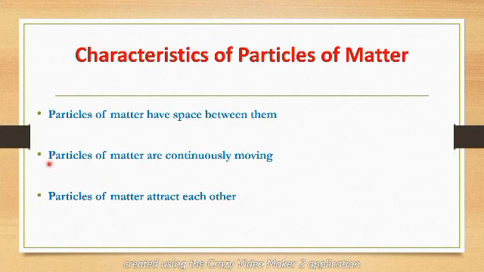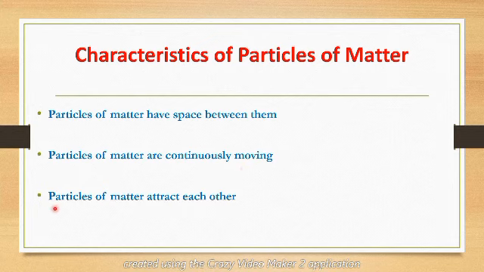Second characteristic says that particles of matter are continuously moving. According to this characteristic, particles of matter are not static. They are not fixed to one place, but they are continuously moving.